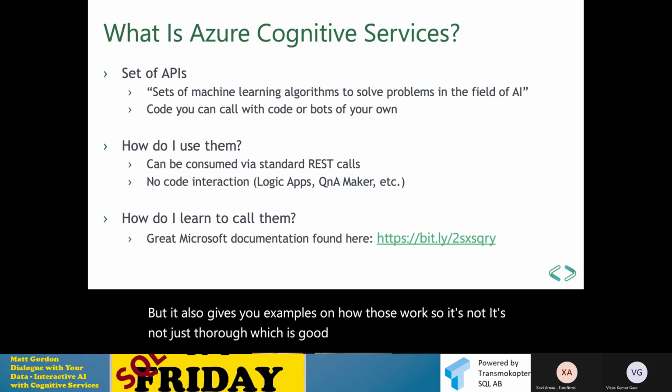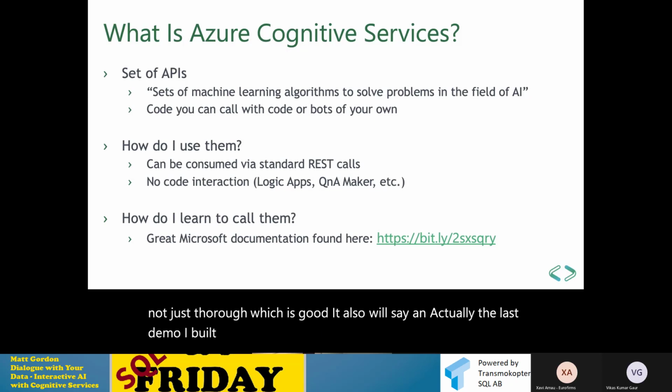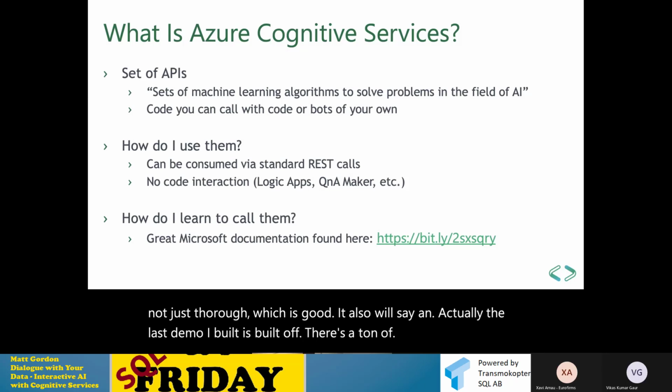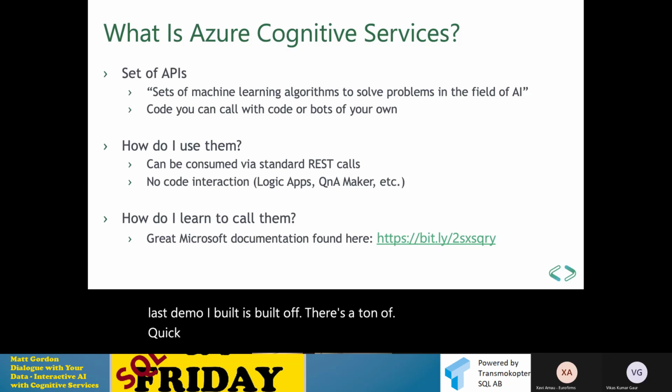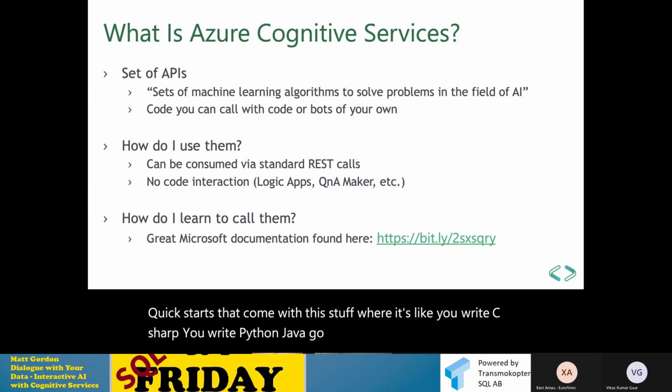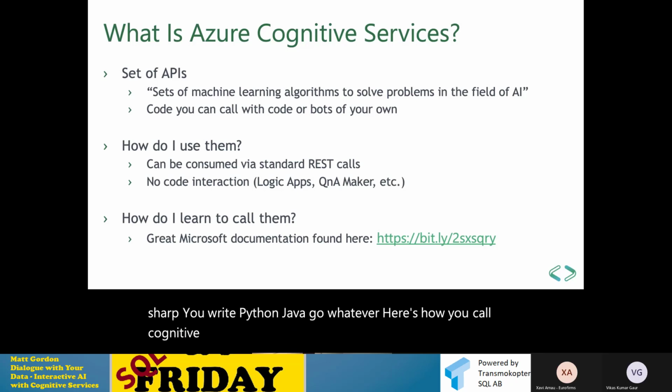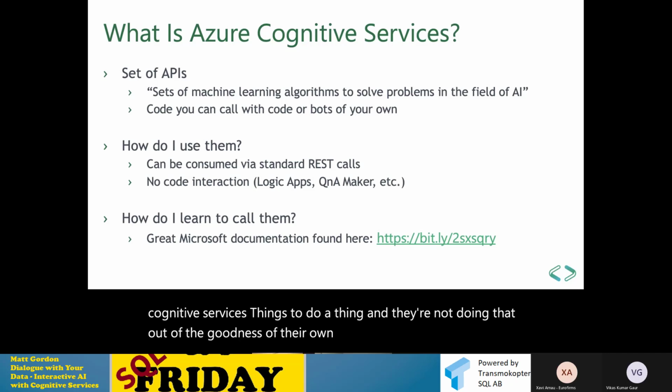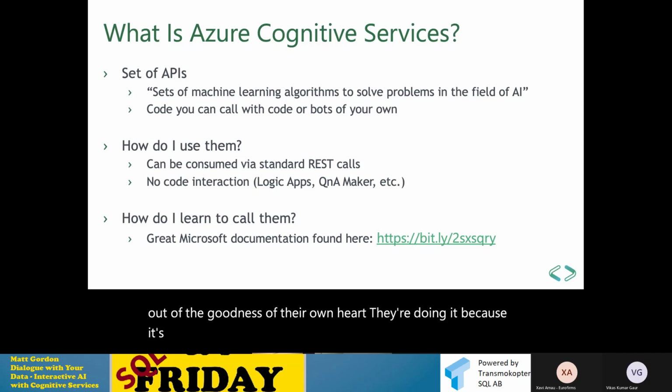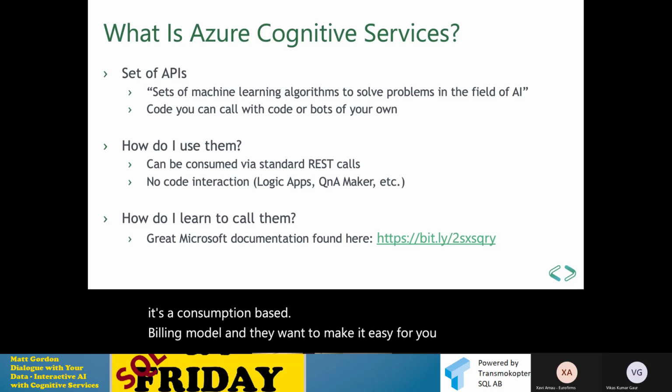There's also a ton of quick starts, and actually the last demo I built is built off of one, where it's like, oh, you write C#, Python, Java, Go, whatever, here's how you call Cognitive Services to do a thing. And they're not doing that out of the goodness of their own heart. They're doing it because it's a consumption-based billing model, and they want to make it easy for you to consume this stuff and play with it.